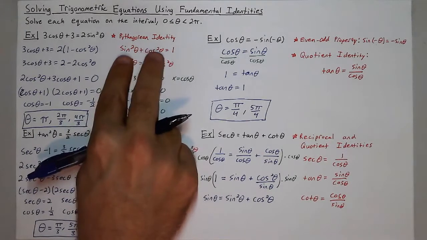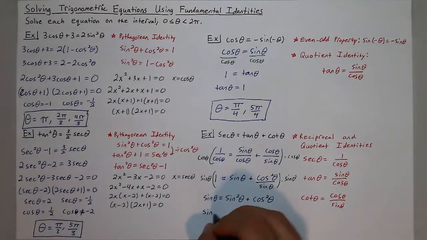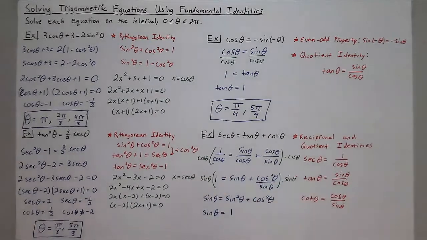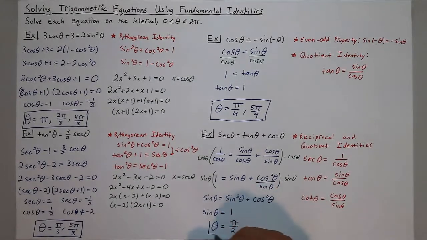Sine squared plus cosine squared of theta is equal to 1, so this equation simplifies to sine of theta is equal to 1. And now I'm like, what angle makes sine of theta equal to 1? Pi over 2, the uppermost point on your unit circle. And that is how you solve trigonometric equations using fundamental identities.